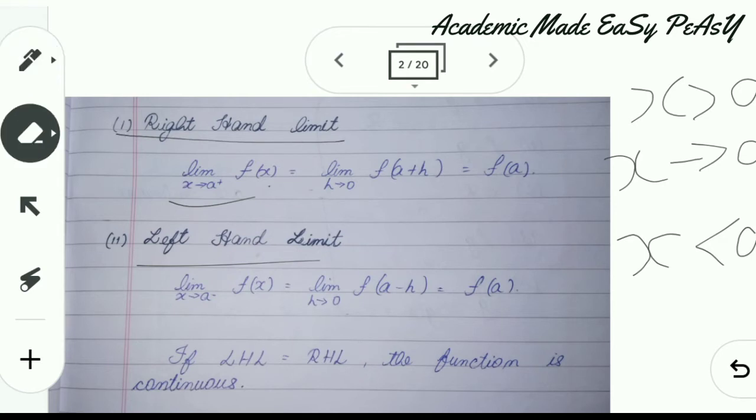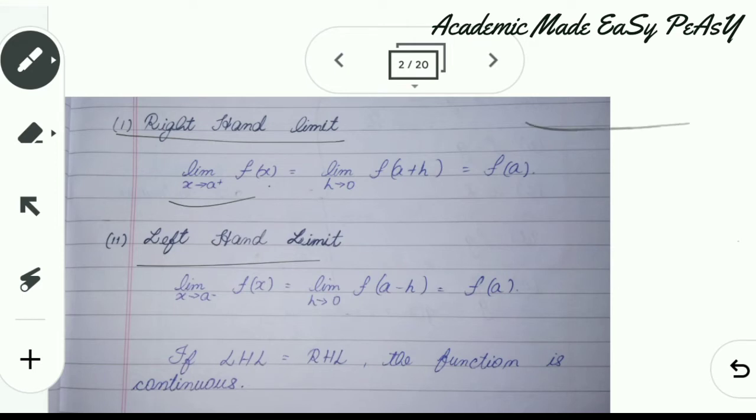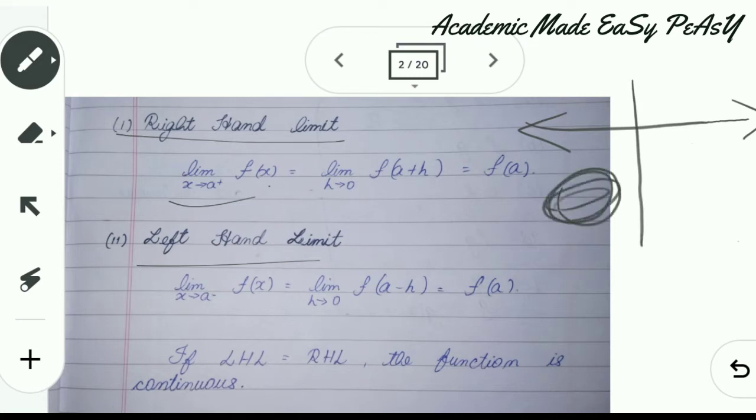So now, let us consider this as a line. This part is our left hand side and this is our right hand side. If we have a point a over here and we have to see the points lying on the left, we will be taking this as the left hand limit, where we will be subtracting from a.